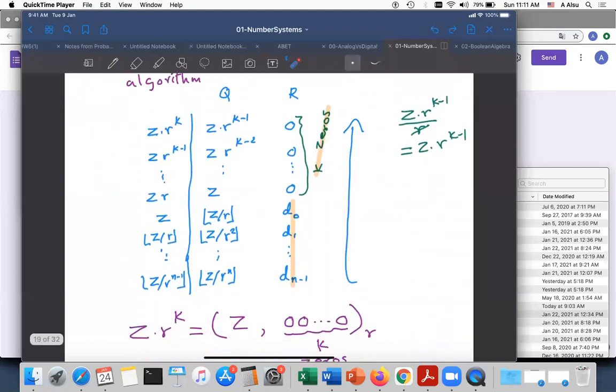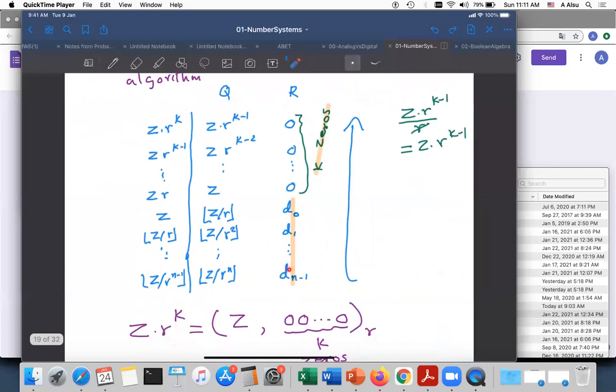So basically you'll have these digits one after the other until you get d sub n minus 1. Then you collect the digits this way. So you have z here, followed by how many zeros? k zeros.